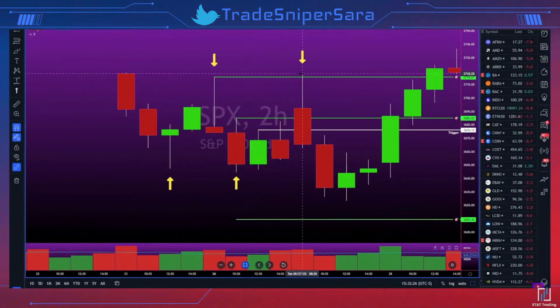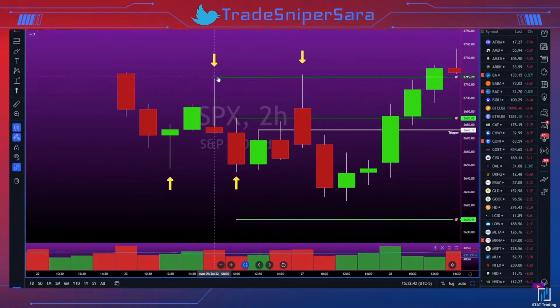Again, retail traders are taught to go long on resistance breaks. So if anybody went long right here, they're immediately underwater. This is what we refer to as breakout trading, trying to go long against the previous pivot high. We don't do that. We want to be exiting here.